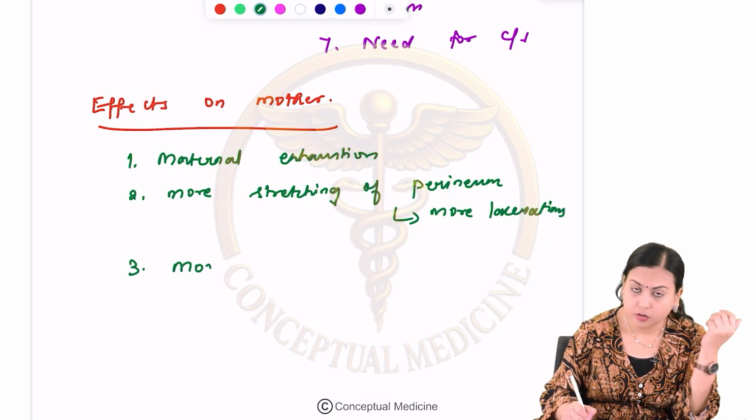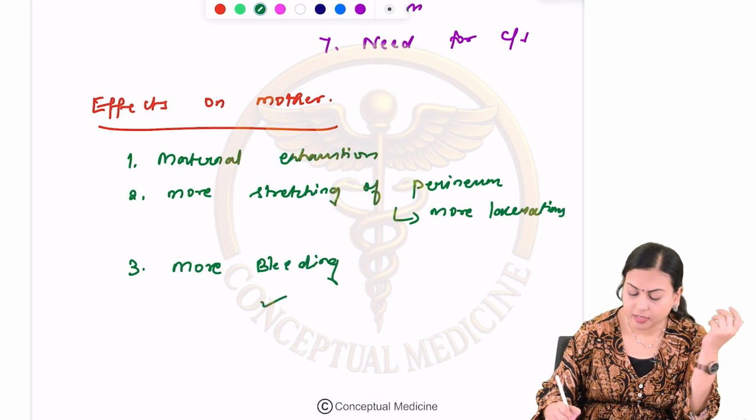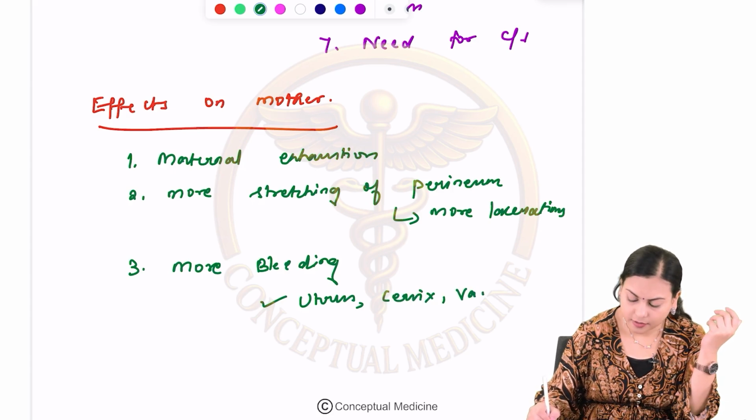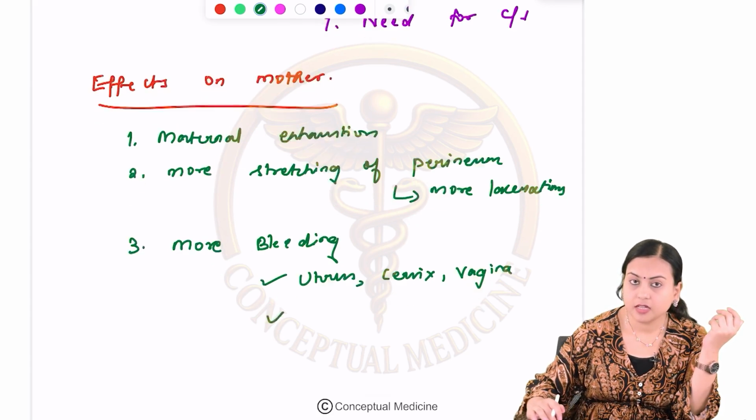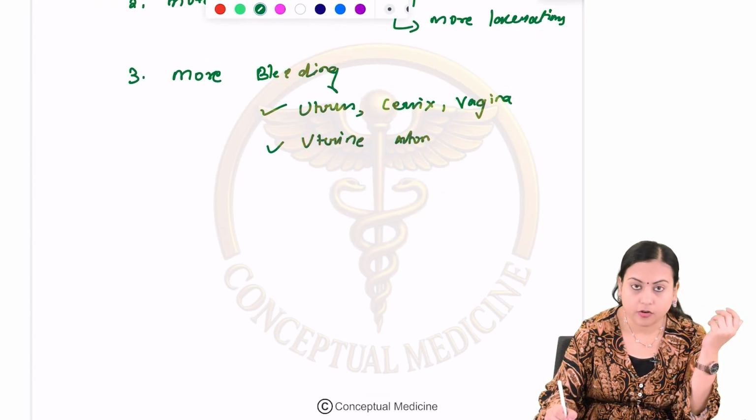There can be more bleeding because of the lacerations that can happen in the uterus, cervix or vagina. There can be uterine atony as well due to prolonged labor.